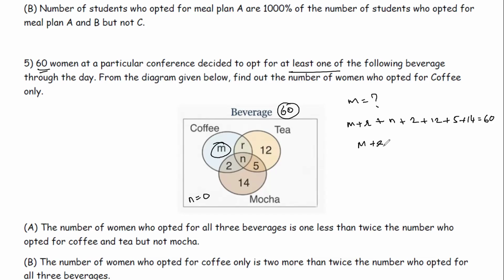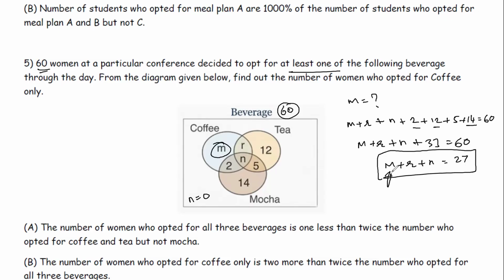So M plus R plus N, and then plus 2 and 12 is 14, 14 and 14 is 28, 28 and 5 is 33, is equal to 60. So M plus R plus N is equal to 60 minus 33, which is 27. So this is what we get from the question stem itself, okay? And we need to find M. First statement.